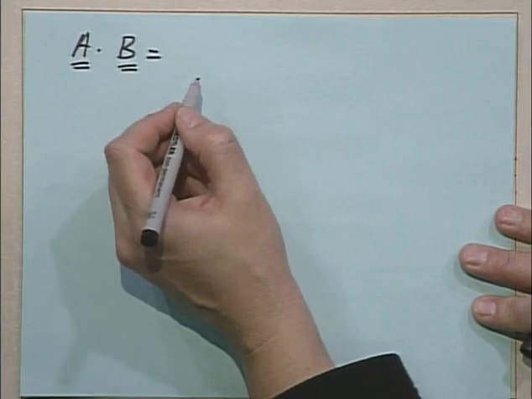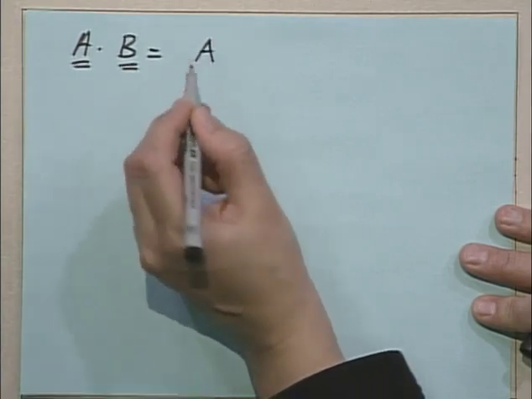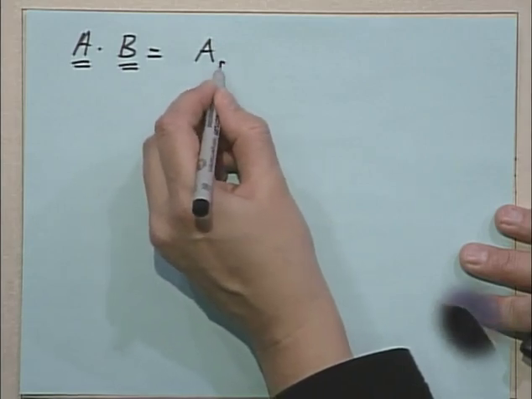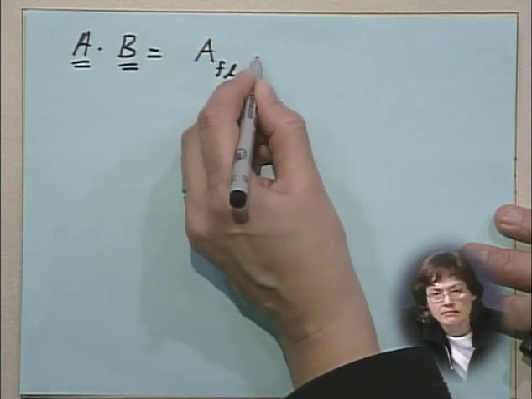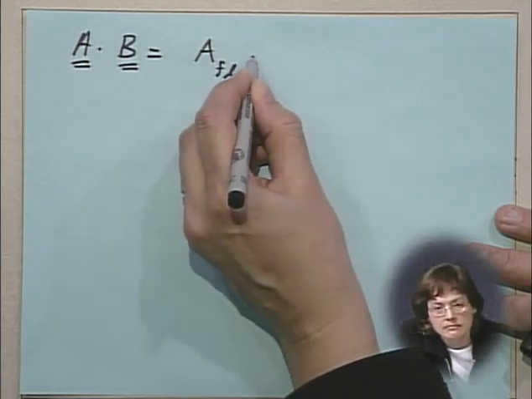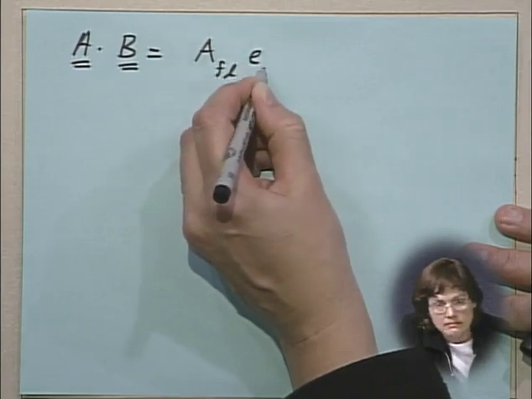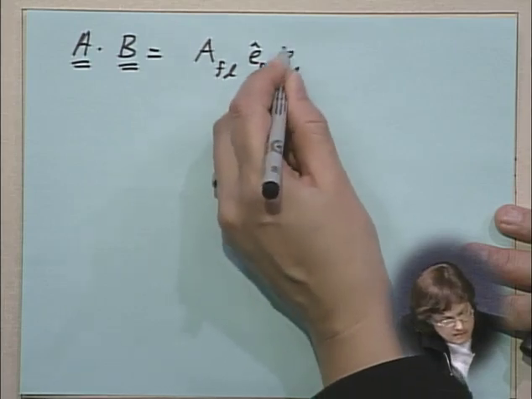Separate them out into their sum. Right. So we do that by going A, F, L. Okay? A, F, L.